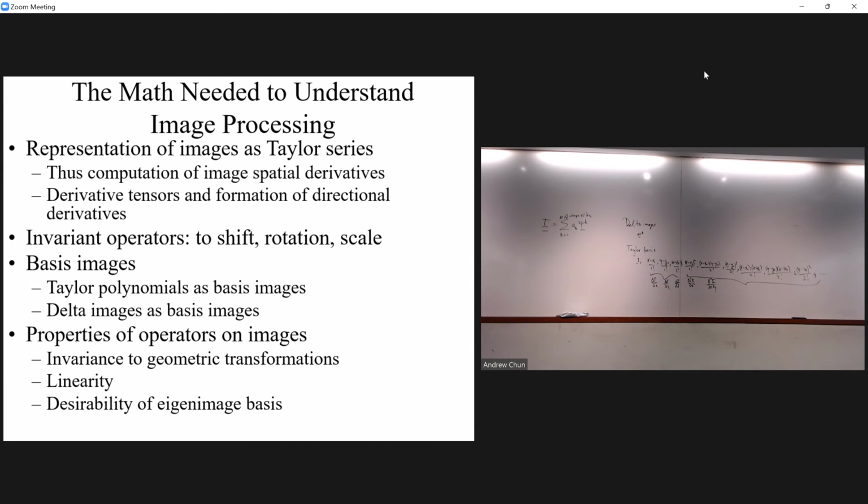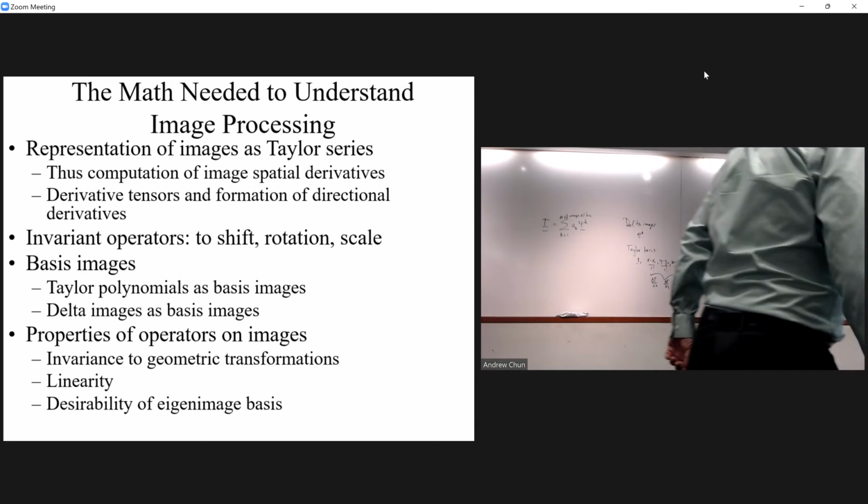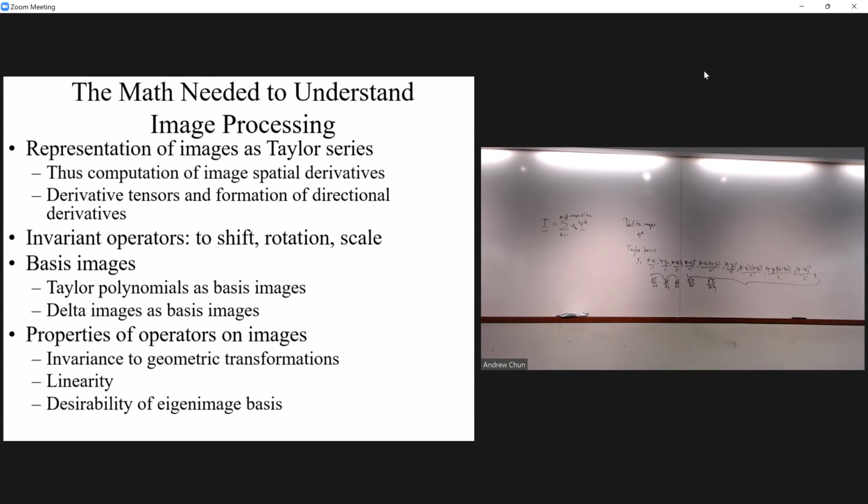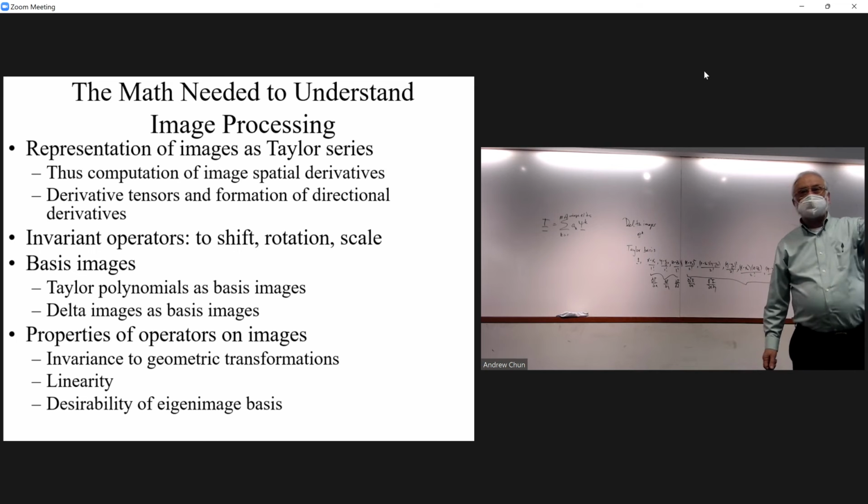Okay, so you need to understand these tensors, and you need to not be confused between image dimension and order of derivative, order of the tensor. Okay? Questions on any of that?